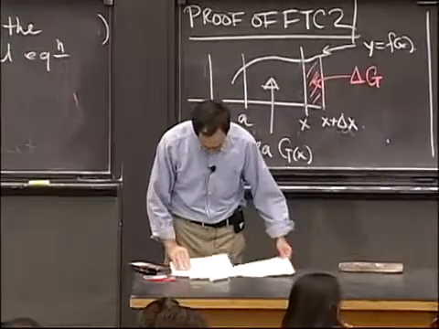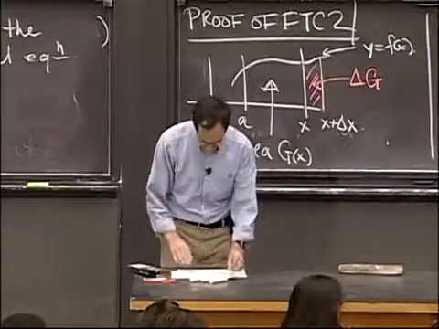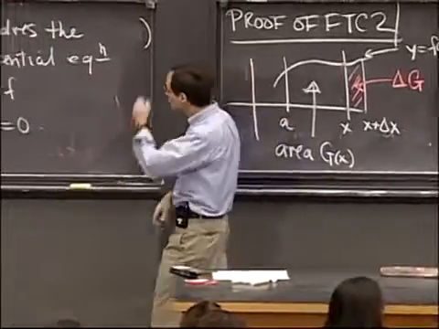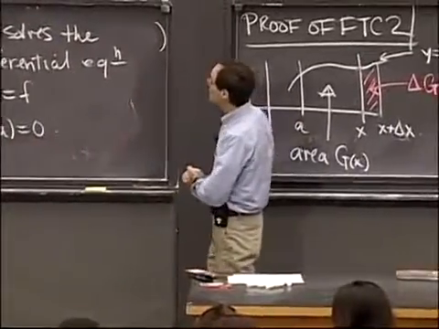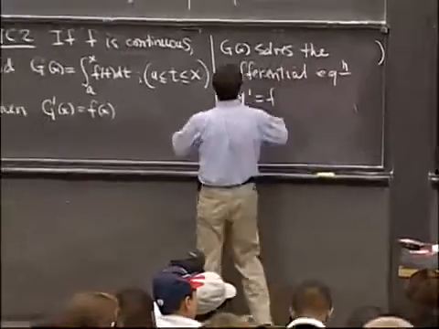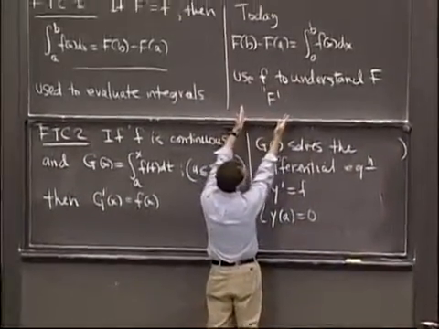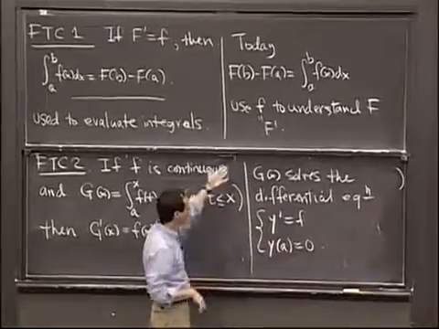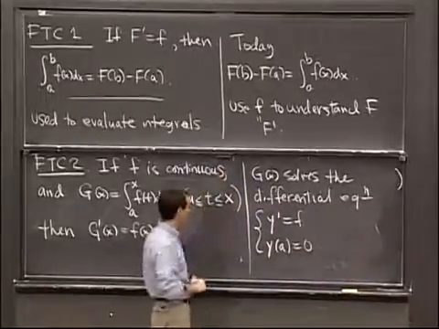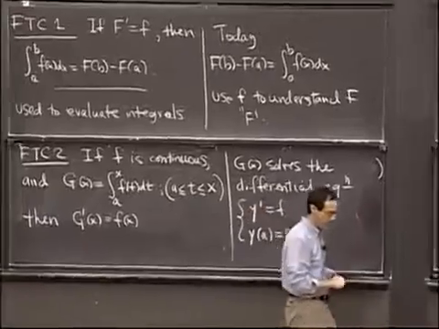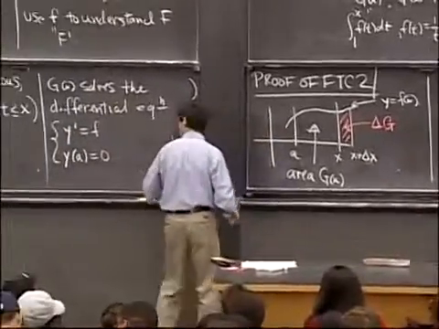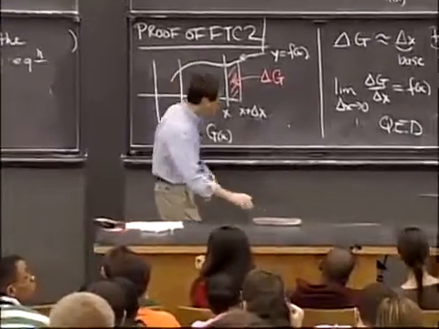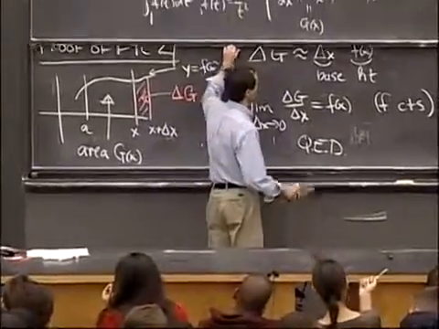All right. So now I want to go back to the theme for today, which is using little f to understand capital F. In other words, using the derivative of f to understand capital F. And I want to illustrate it by some more complicated examples.